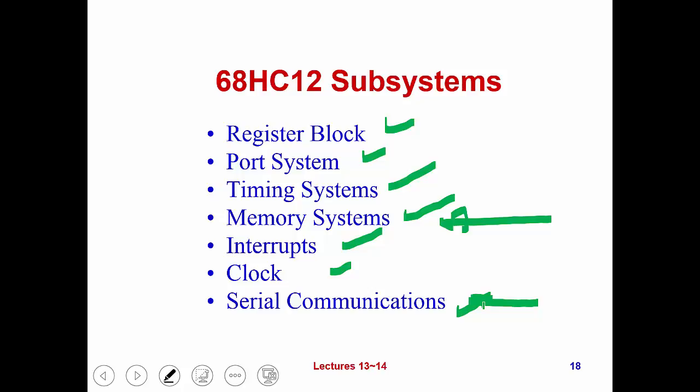We will focus on the first two subsystems, the register block systems and the port systems, and when we have labs we may use them. Port systems are very important for communication.